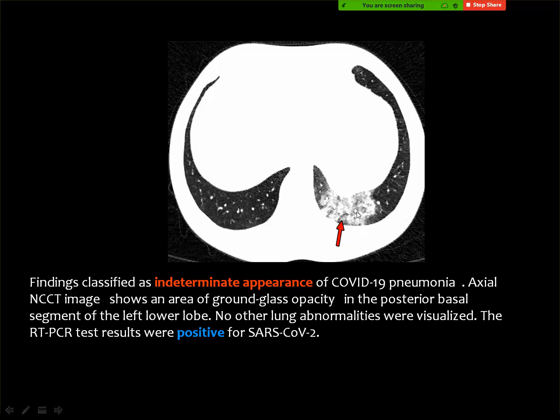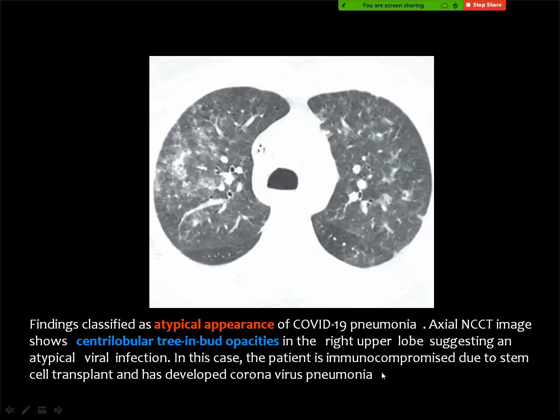of ground glass opacity and you need further evaluation by the PCR test or other laboratory test to confirm the possibility of COVID-19. The atypical appearance is where you see some haziness in the lung fields, and you do not see actual ground glass patches or peripheral distribution.